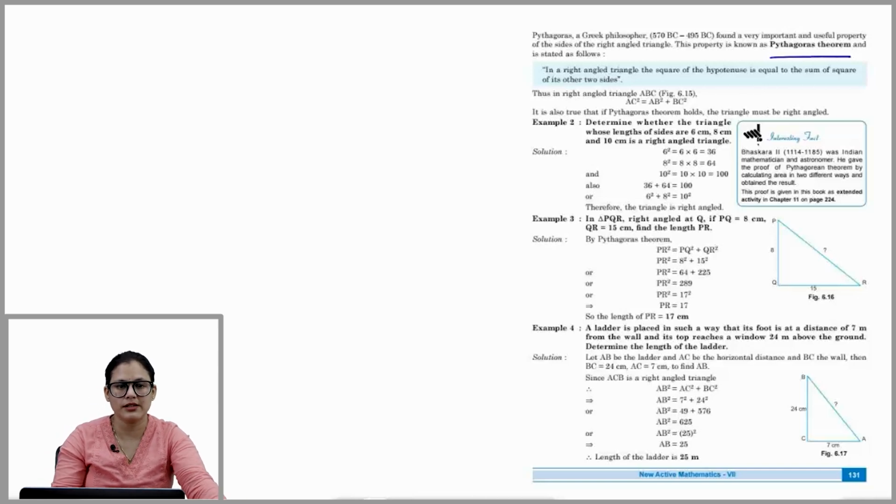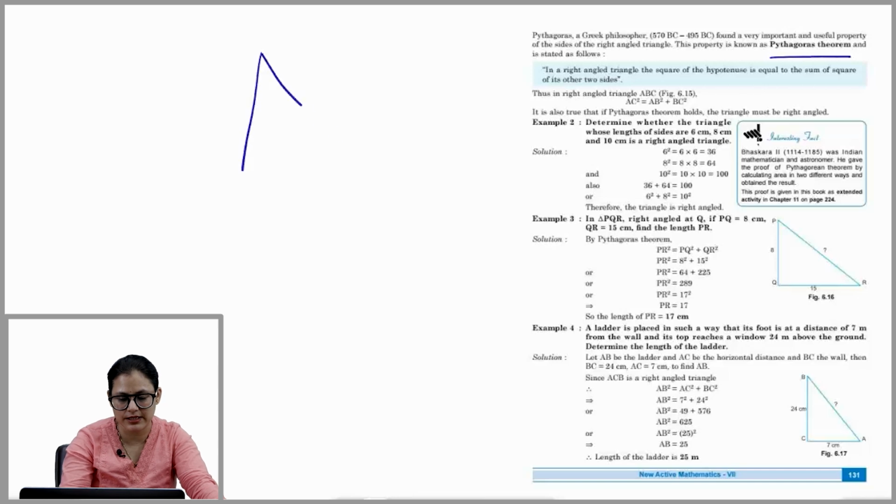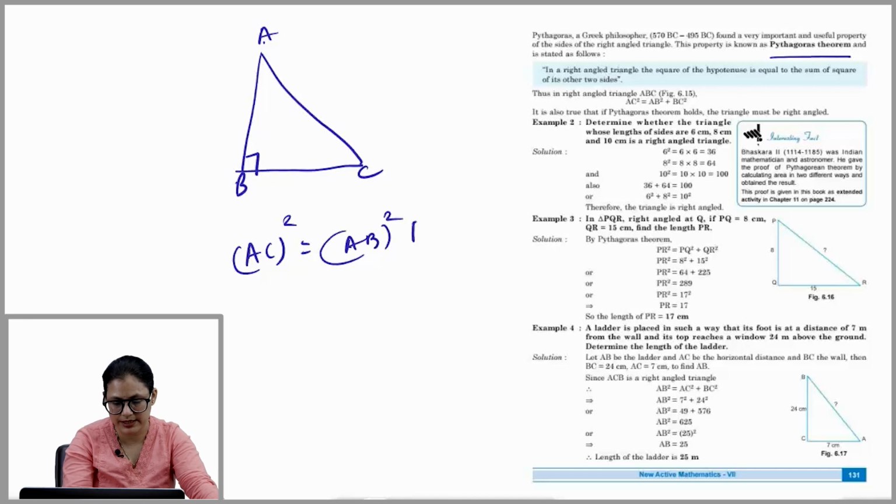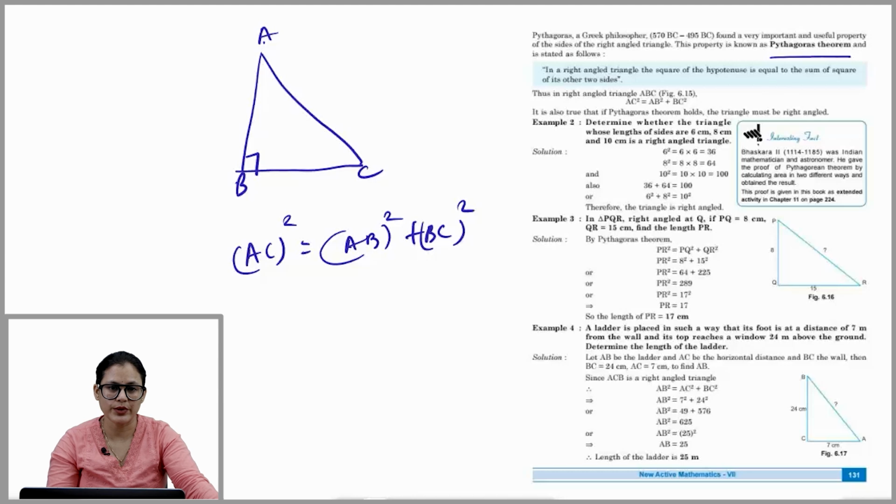Thus, in right angle triangle ABC, right angled at B, the hypotenuse is AC, so AC square is equal to AB square plus BC square. This is the Pythagoras theorem. It is also true that if the Pythagoras theorem holds, the triangle must be right angled.